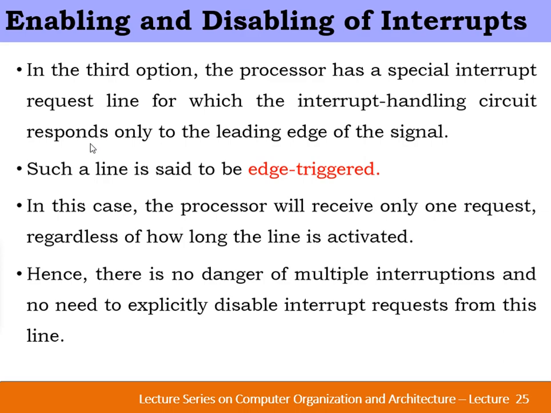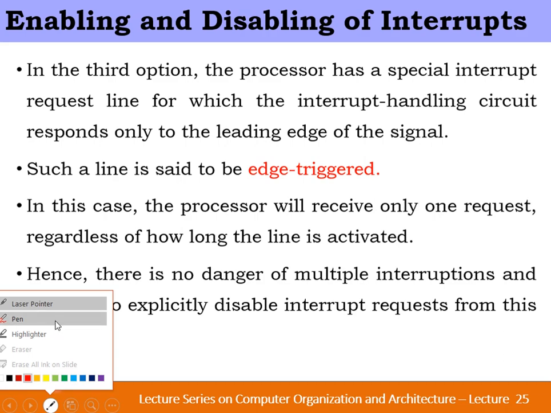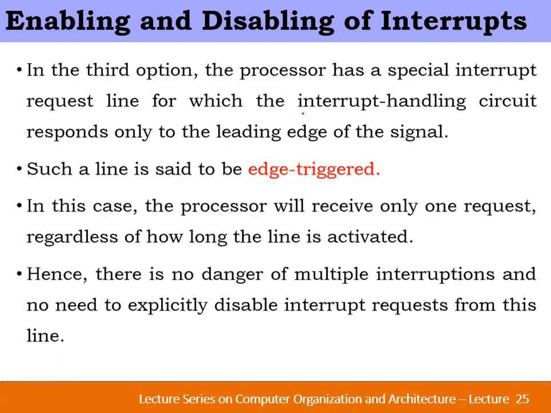So we will have an interrupt handling circuit, and it is going to respond only to the leading edge of the signal. That is, the interrupt request signal has to be responded to only on the leading edge.